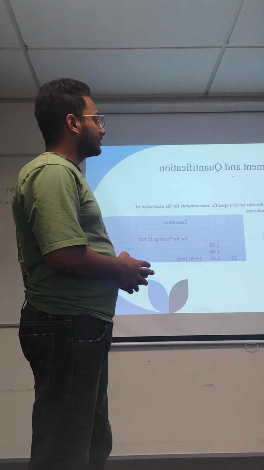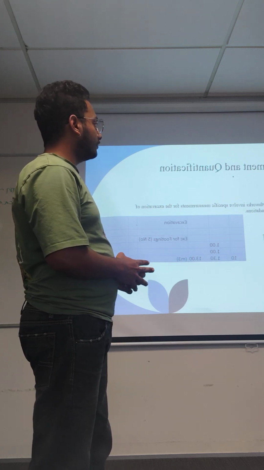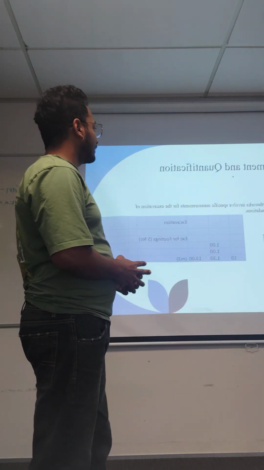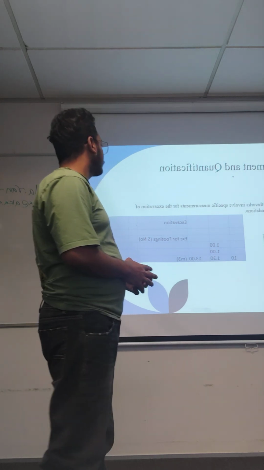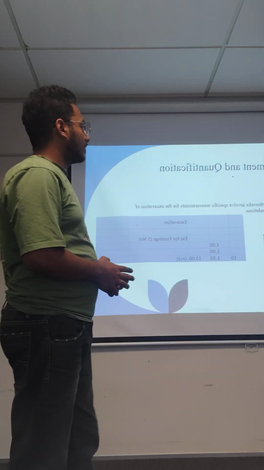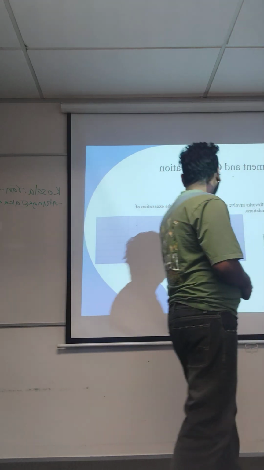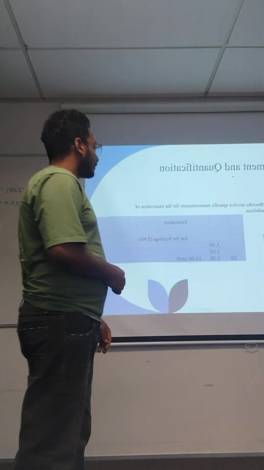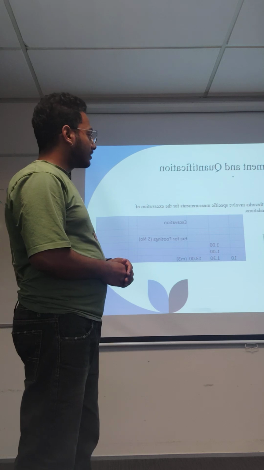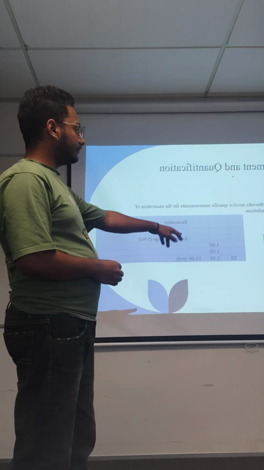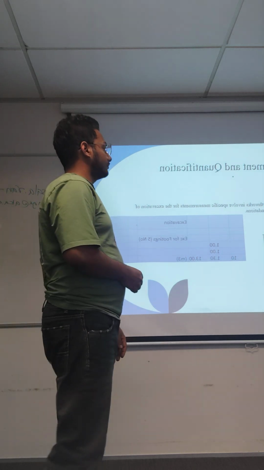The next one is excavation for footing. Earthwork involves specific measurement for the excavation of the foundation, as you see in this figure. Foundation, ground slabs, layout of the building. Next one.